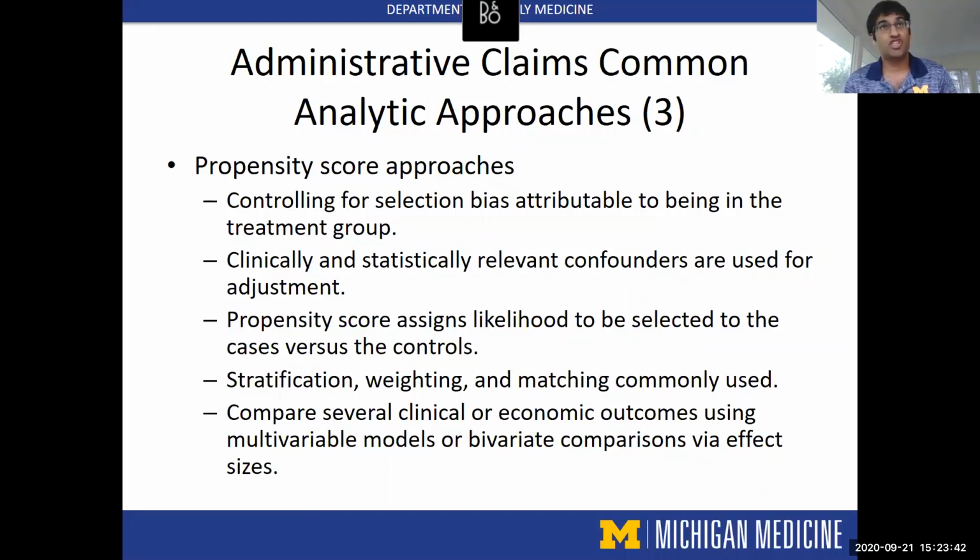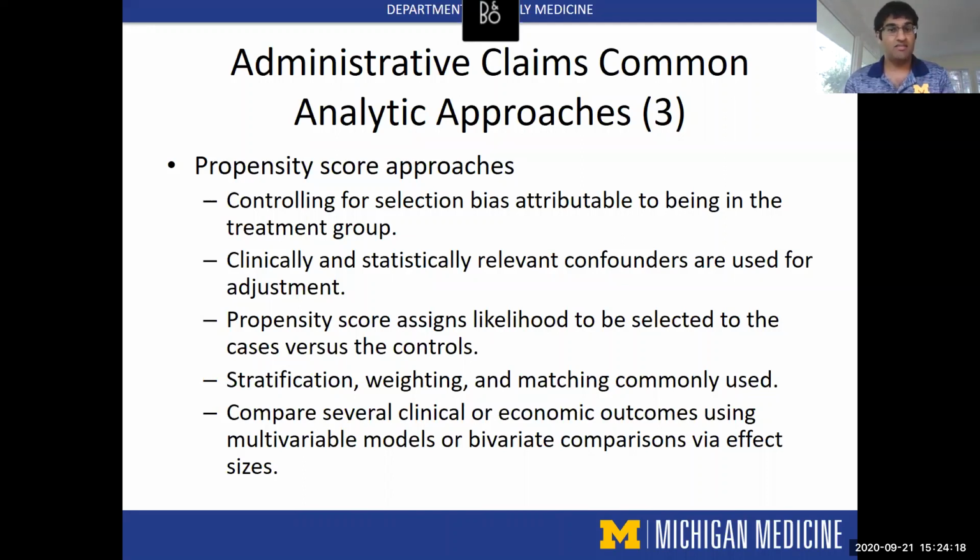Usually clinicians and statisticians speak about what are the relevant confounders that we want to use for adjustment. And then the propensity score assigns a likelihood to be selected to the cases versus the controls. You can use a number of different ways to compare covariate balance, and you could use, for instance, stratification or weighting or matching as your commonly used approaches.